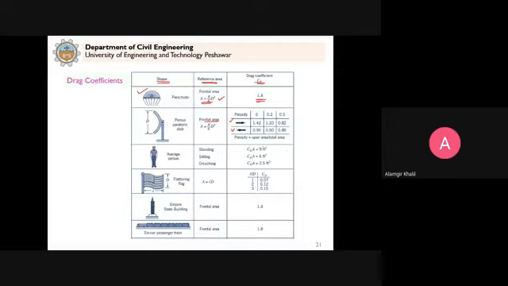Clear? So these tables you will find in the books when you study this chapter. These coefficients are developed, drag coefficients, clear, for different objects such as shown here. So these we can use in order to calculate the drag forces. Clear? And these are experimentally determined coefficients.